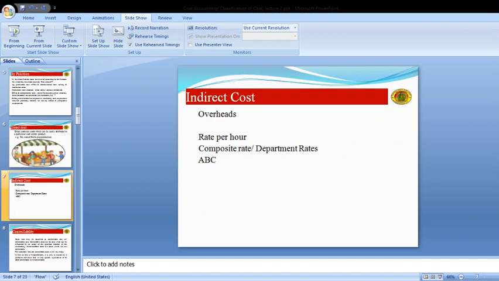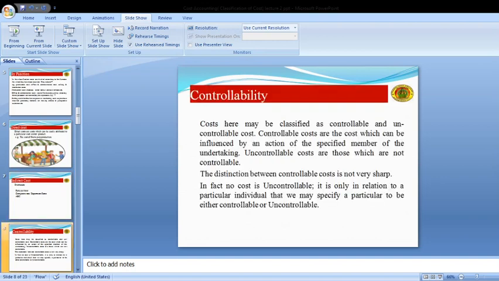There is another way of classifying, that is classification based on controllability. Controllable costs are those costs which can be influenced by the action of a specific person.